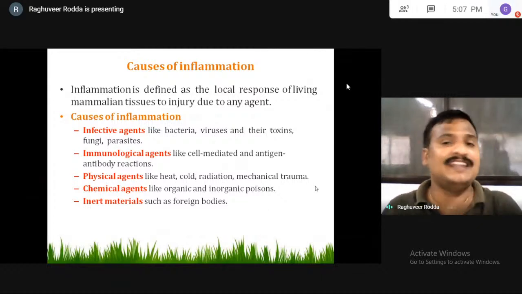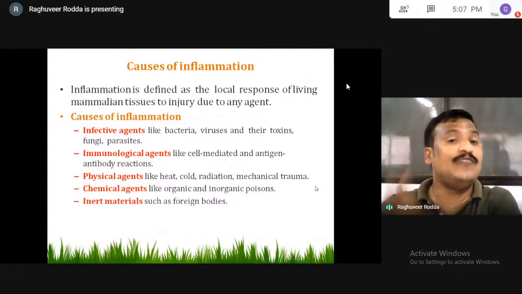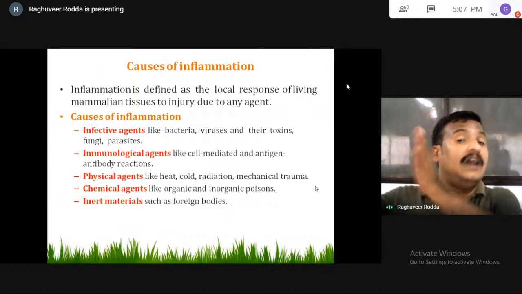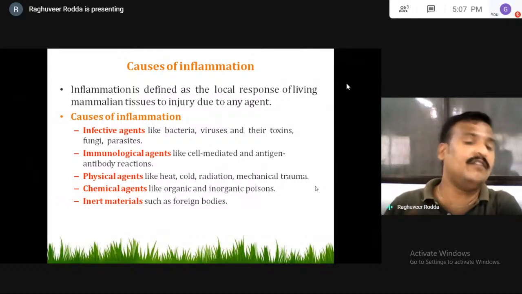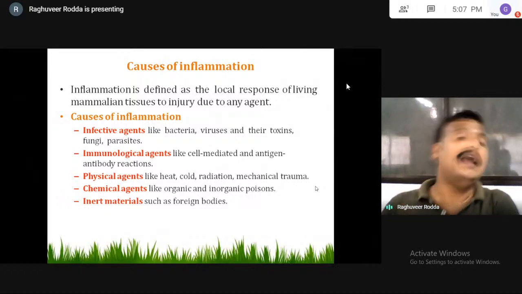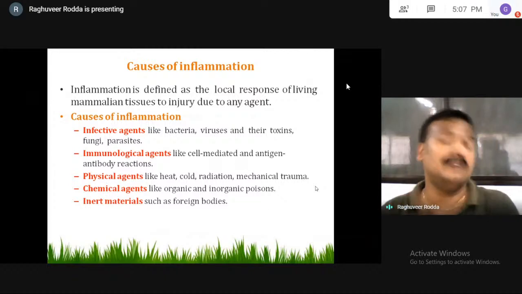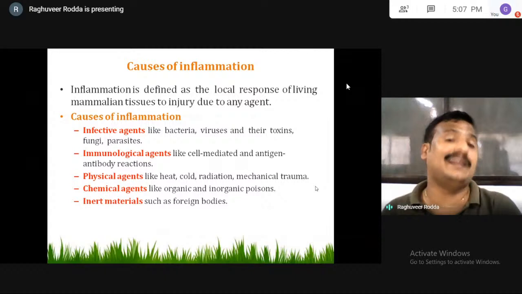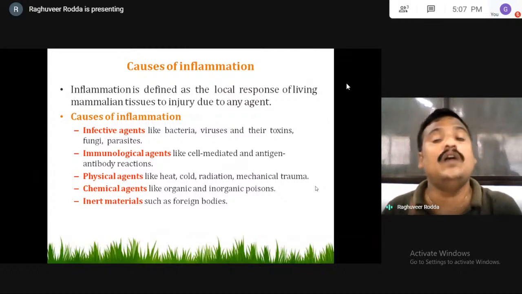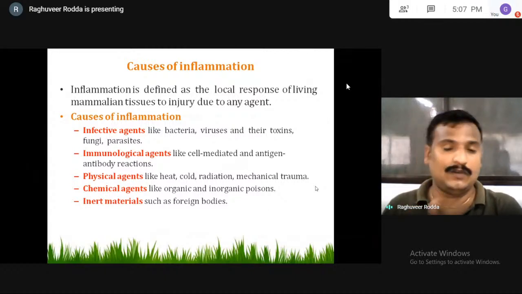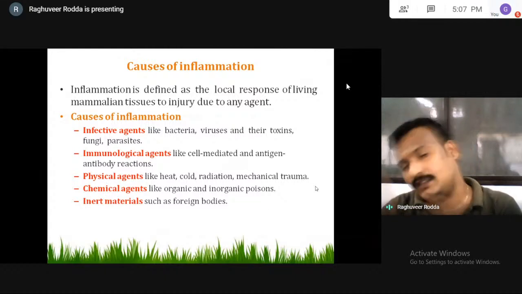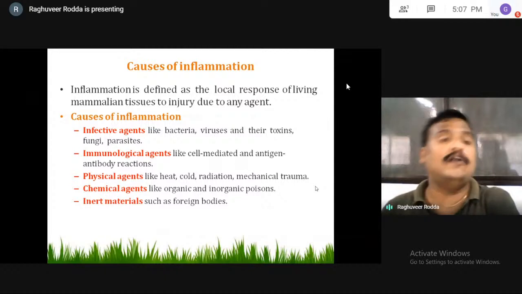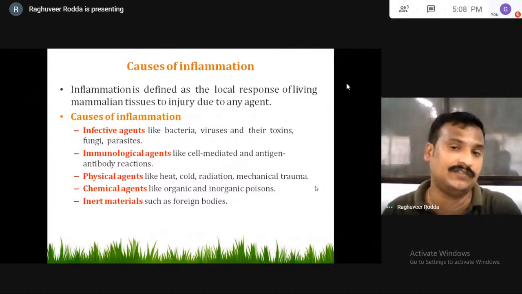The inflammation is a response given by the affected cell or by the immune cells of the body against the injury, the injurious organism, the irritant, or the stress, to overcome the injurious condition or to regain the normal structure or condition of a cell.